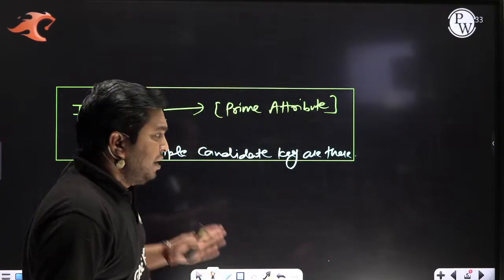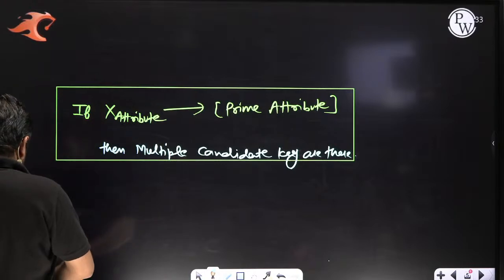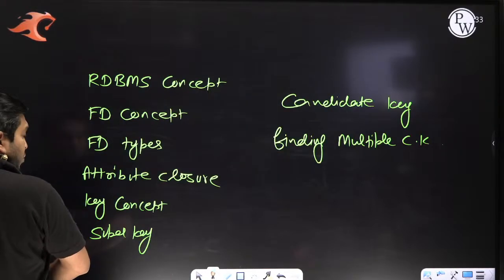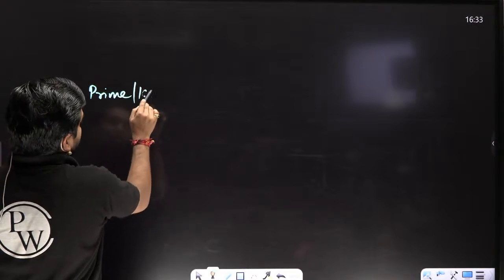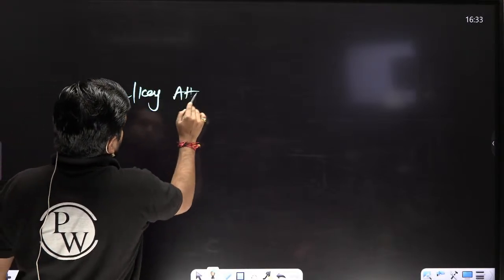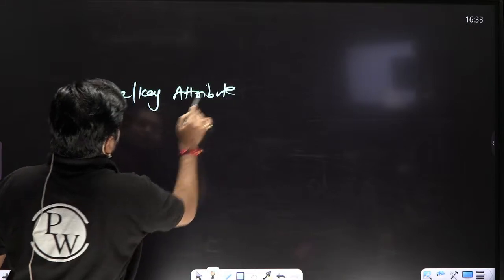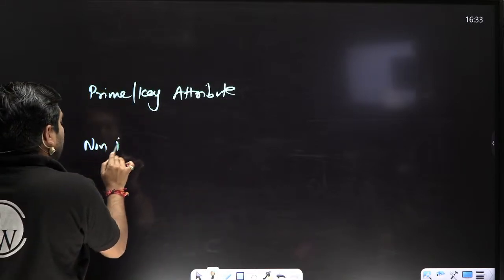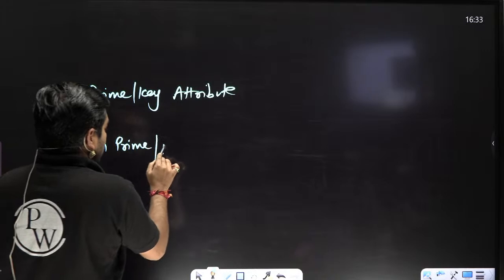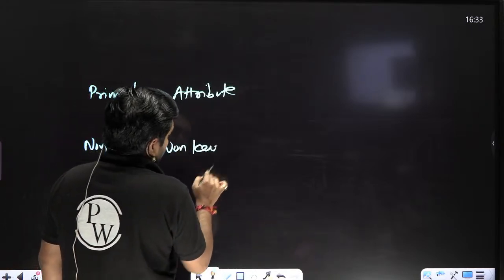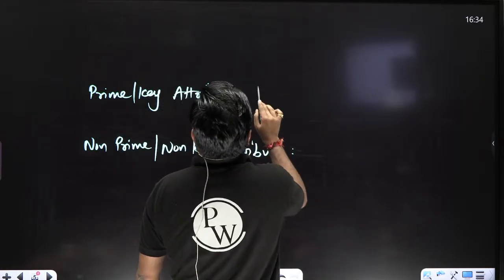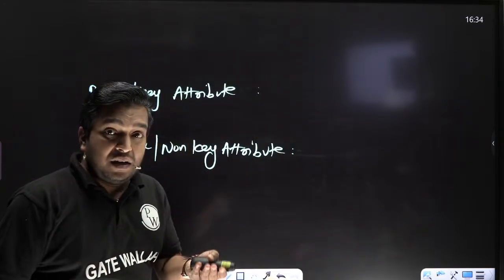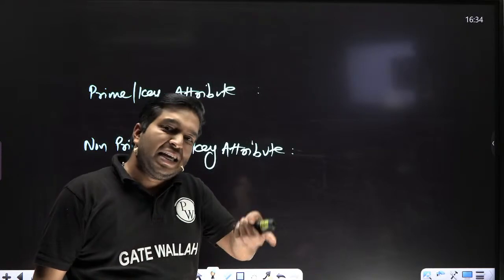Clear? Now, before discussing this, we should know the meaning of prime or key attribute, and the meaning of non-prime or non-key attribute. A prime or key attribute is an attribute that is present in, or part of, any candidate key.